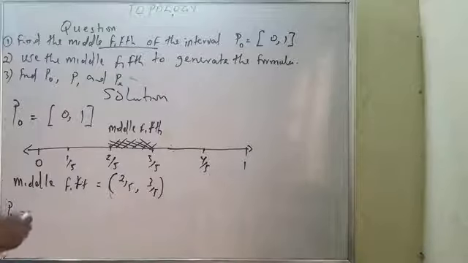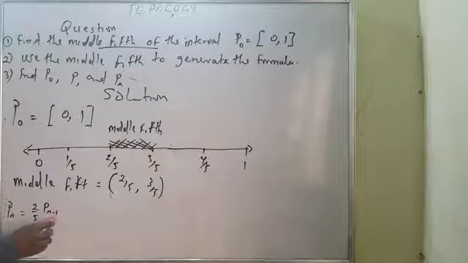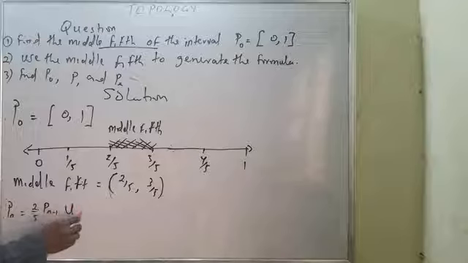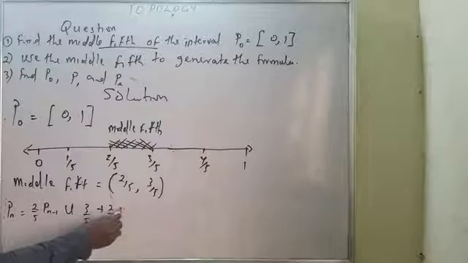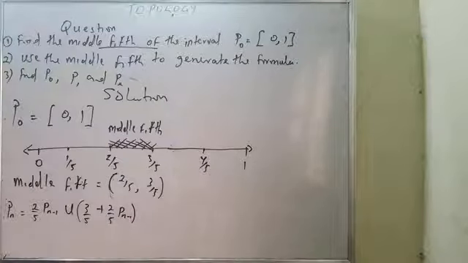I'm calling it Pn, because it's still a formula. Pn will be equal to 2 all over 5 of P of n minus 1, union 3 all over 5 plus 2 all over 5 P of n minus 1. Now, that is all about that.